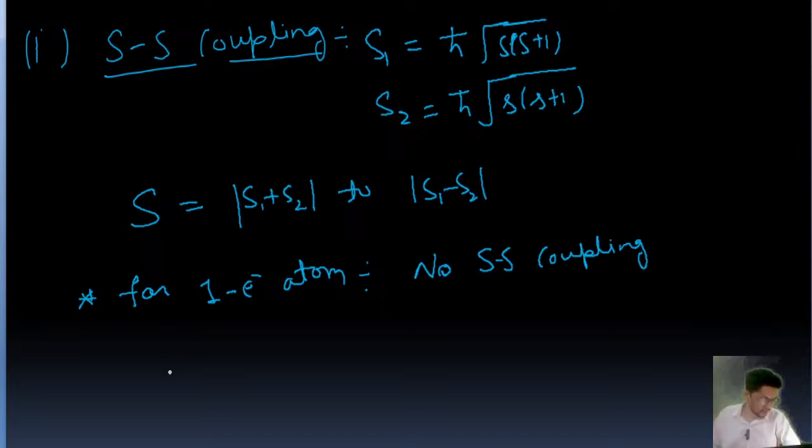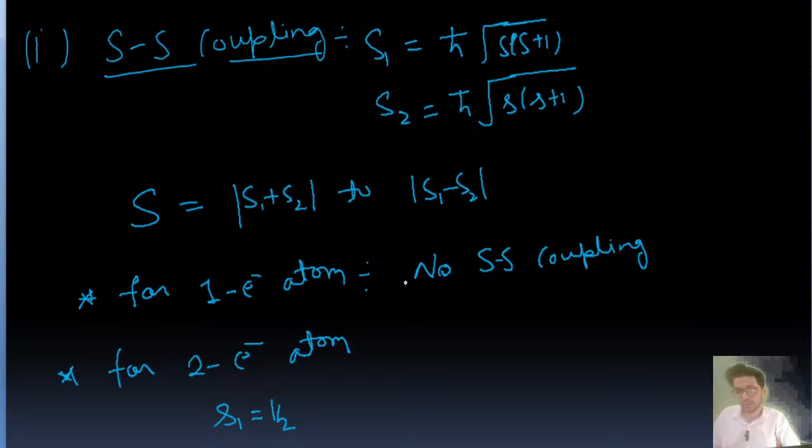Okay. Now for two electron atom, S1 equal to half, because there is only one electron, so that's why there is no SS coupling. And S2 is going to be half for two electron system, right?